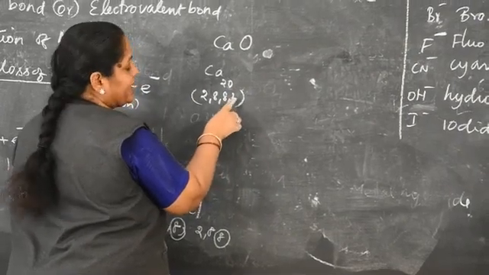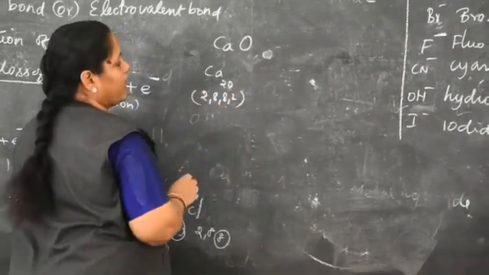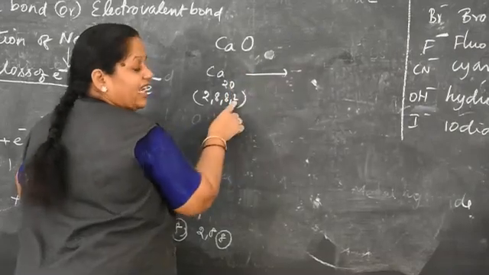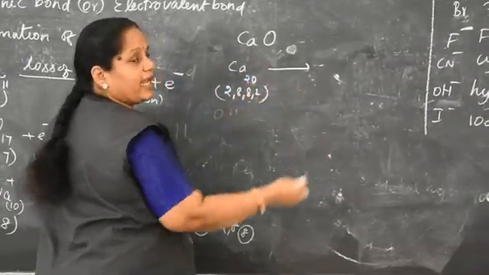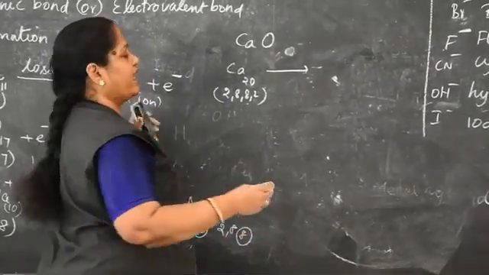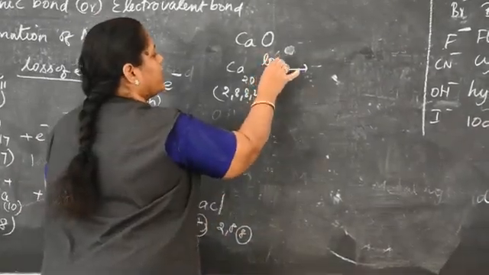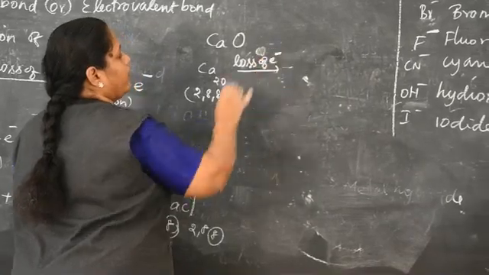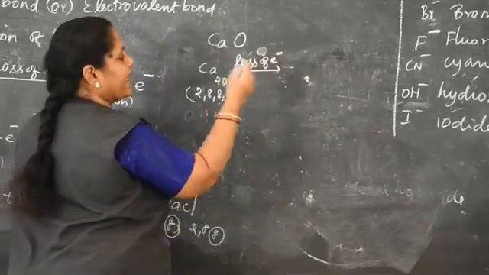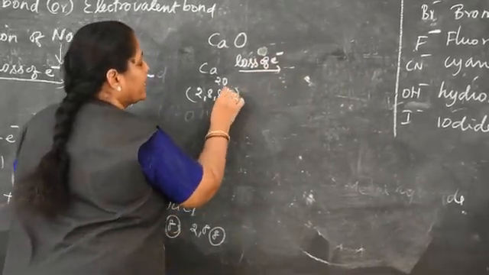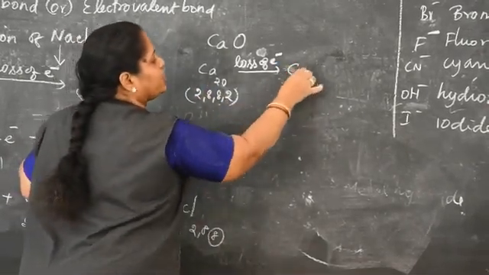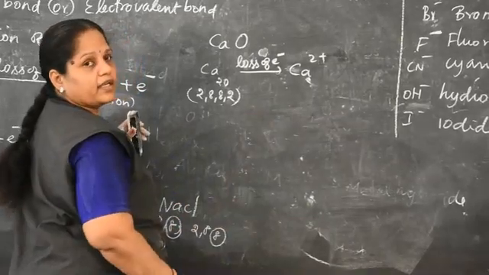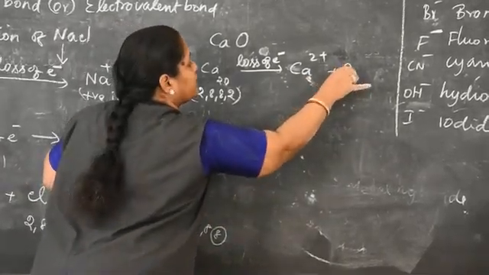The valence shell contains 2 electrons. The outermost shell transfers these 2 electrons completely, that means loss of electron, and it is converted into a positive ion. How many electrons is it ready to lose? 2 electrons. That's why it carries 2 plus charge.